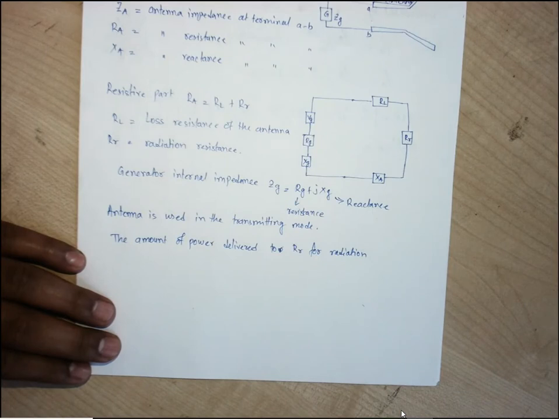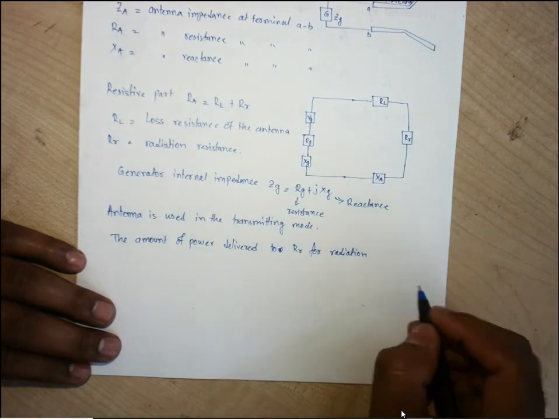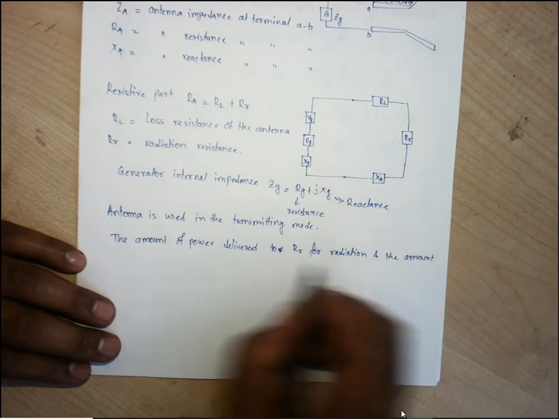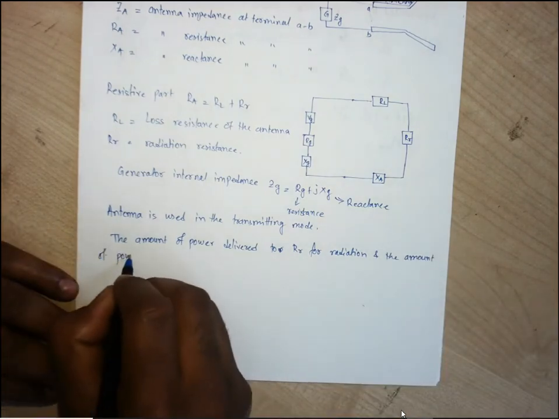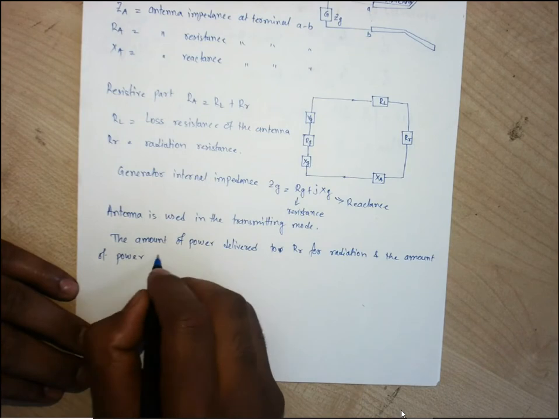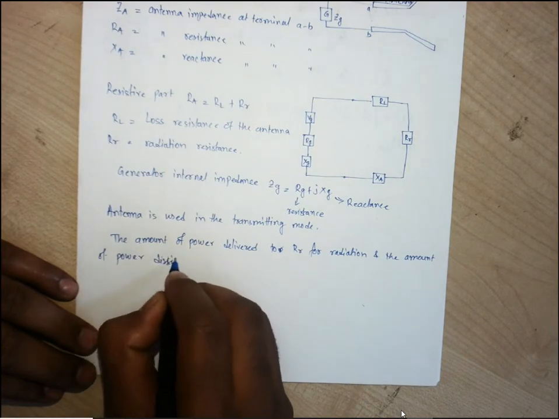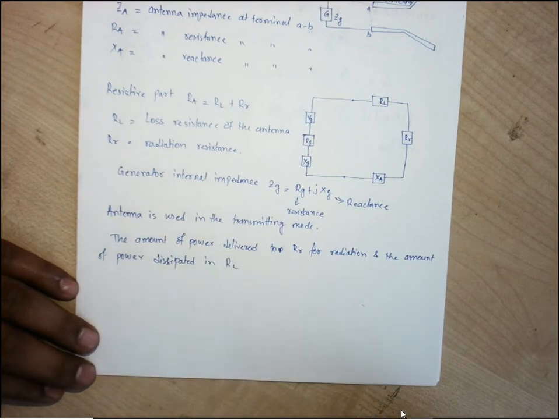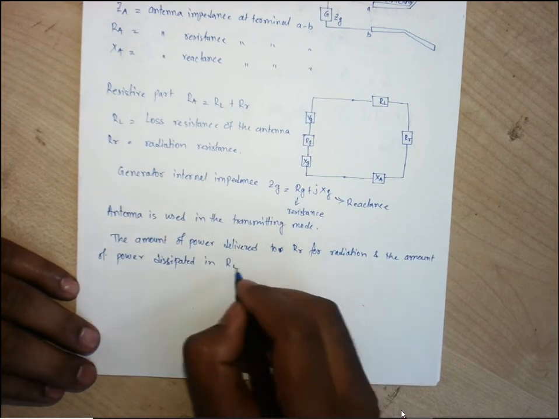This is the resistance which is responsible for having radiation from the antenna, and the amount of power dissipated in RL, loss resistance, as heat.